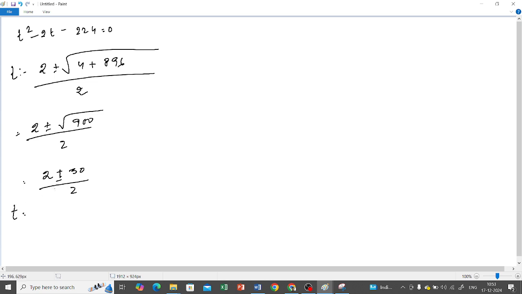Now see, t cannot be negative, t will always be positive, so 2 plus 30 by 2, that is 16, okay. So that is 16 hours.